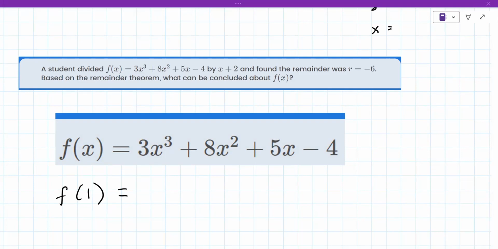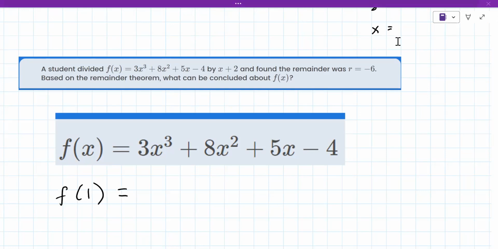Sure. I'm going to have to graph this. You don't have to graph it.